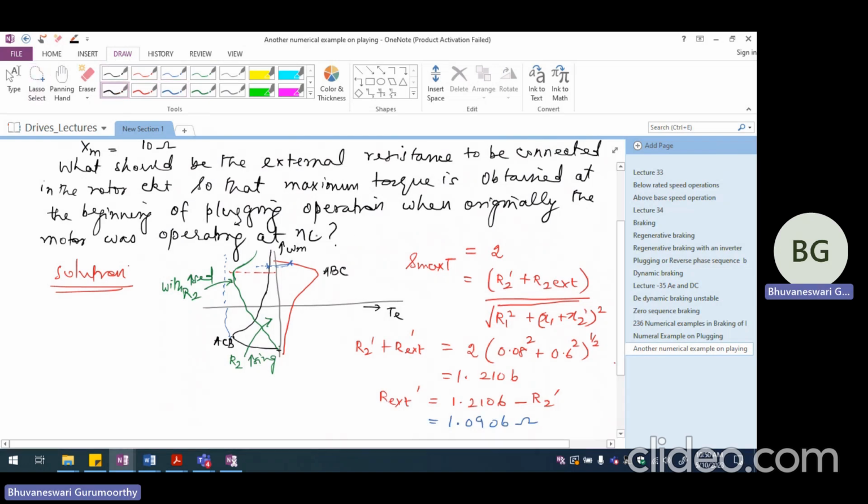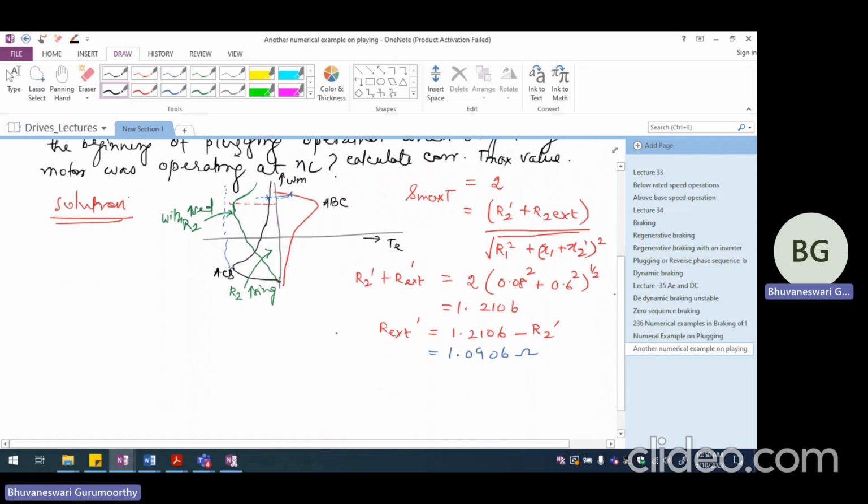If it is asked to calculate the corresponding Tmax value, in case the corresponding maximum torque value is being asked, we can either use the breakdown torque expression, which is the approximate expression 3V1 square divided by 2 omega s multiplied by X1 plus X2 dash, or you can use the detailed expression that we wrote.